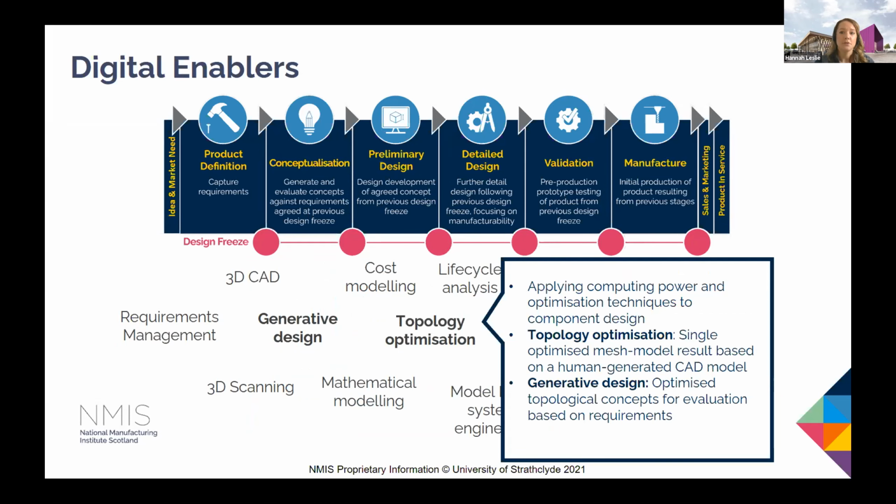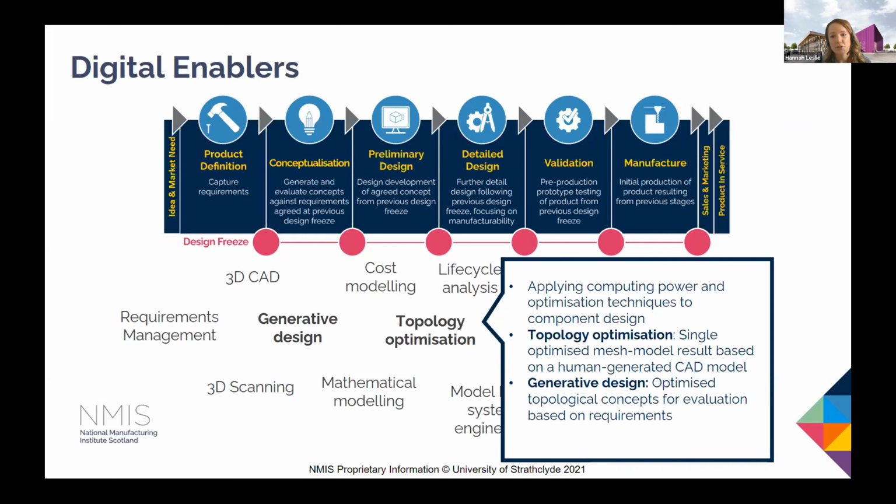Generative design and topology optimization build upon the traditional design approach by applying computational power and optimization techniques to component design. Both aim to help designers reduce both the weight and the amount of material used for a specific component whilst maintaining its structural integrity.